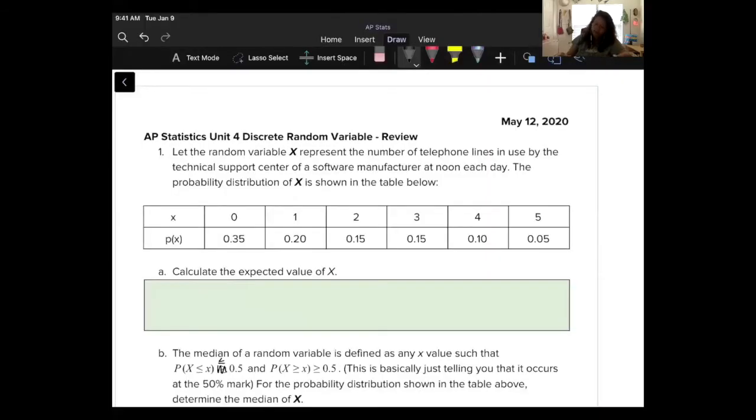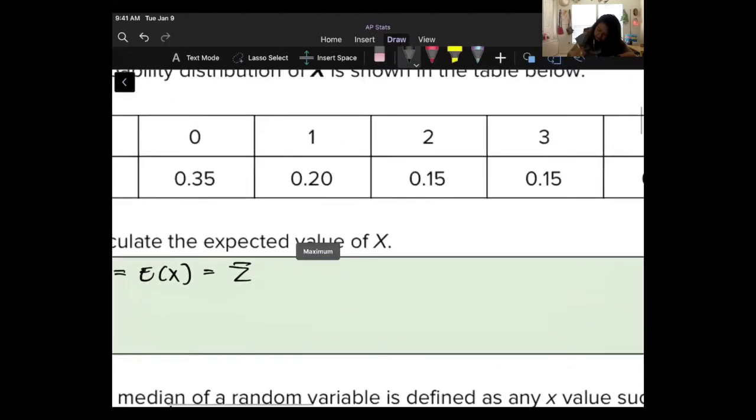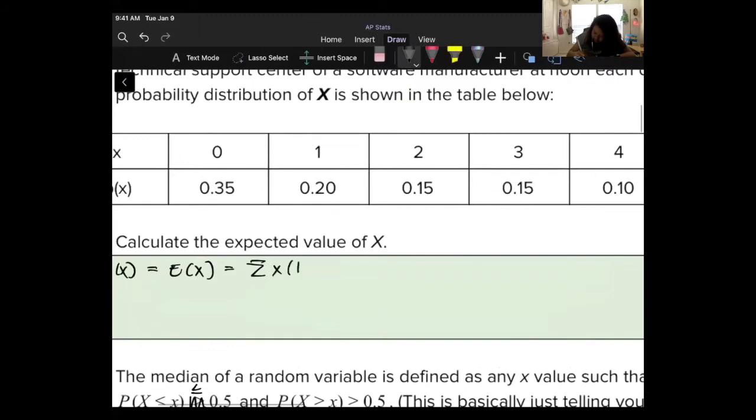So in order for us to do this, there's an equation that you can use. So mu of x, which is also equal to saying E of x, is equal to the summation of x times P of x. So what this is saying is that we're taking each of these x values, multiplying it by its probability, and adding it on to the next one.